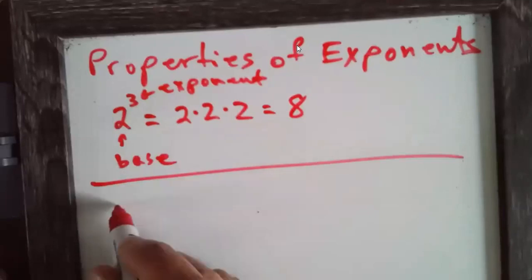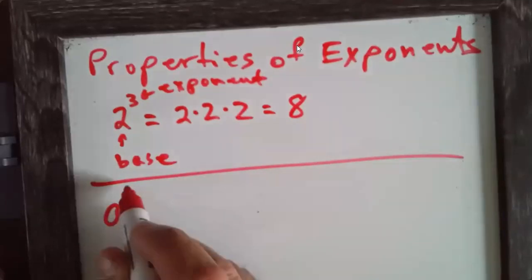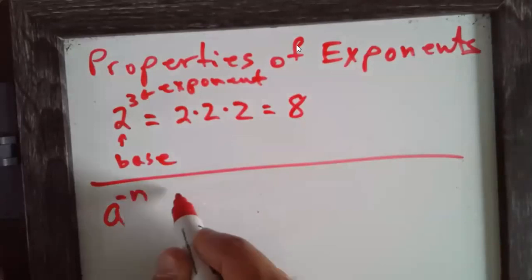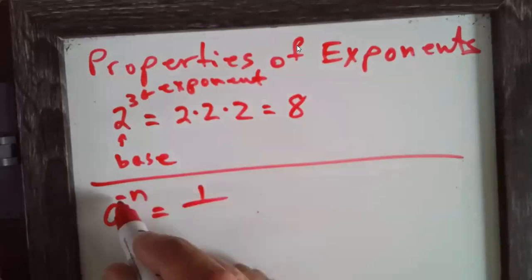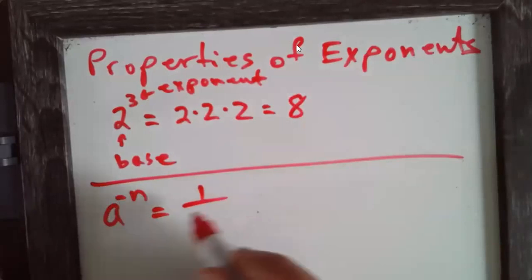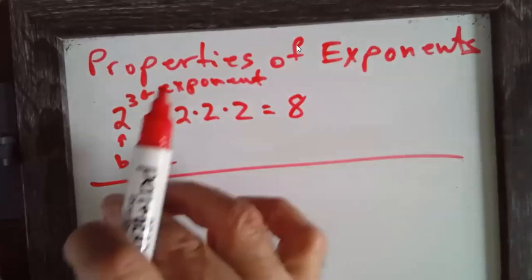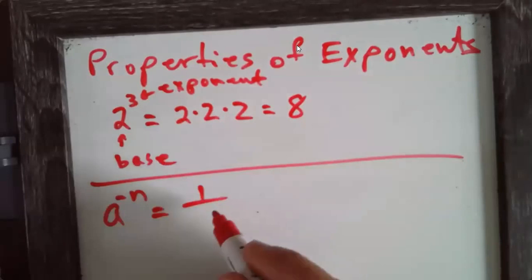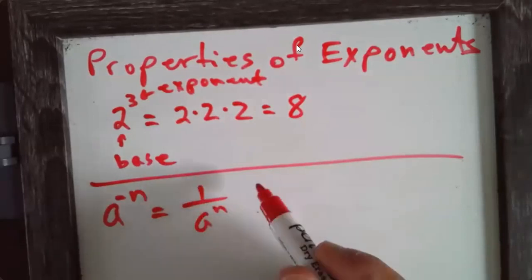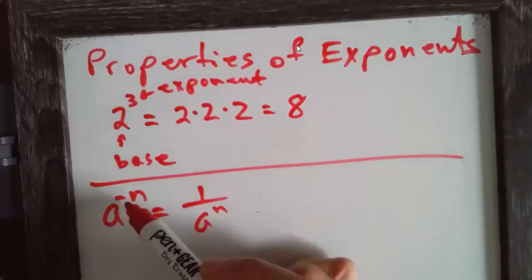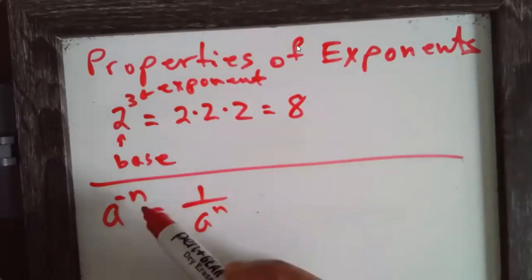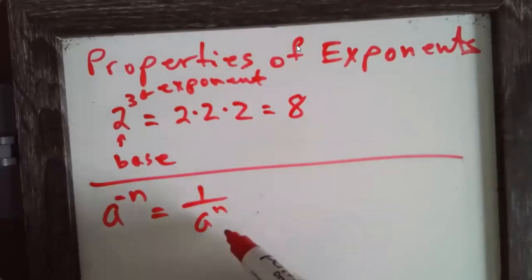So if we have a negative exponent, you apply the reciprocal to that. So basically you flip it, what we commonly call flip it. The whole purpose in life for that negative exponent is to move that base a down into the denominator.